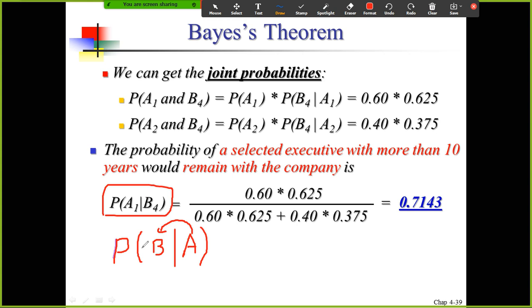This is the way to recognize it. This is the first event. Normally they are dependent events. This is conditional probability because A has influence on B. But when we reverse it, B has influence on A. This is the other meaning that we call posterior probability, using Bayes' theorem.